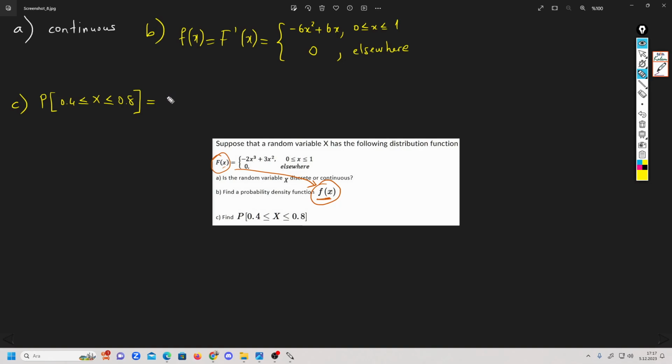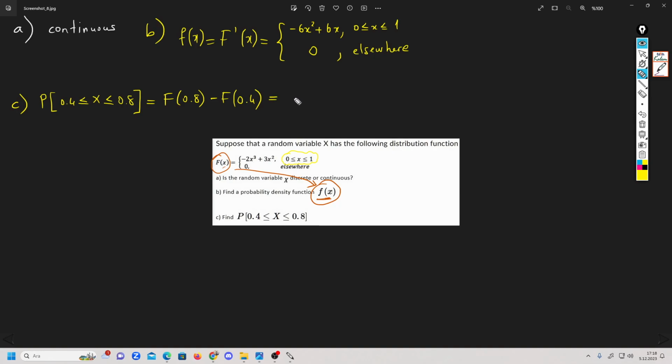So this one means that, actually, since we are given cumulative function, it is the capital F of 0.8 minus F of 0.4, and both values can be substituted here because these values are inside this interval.